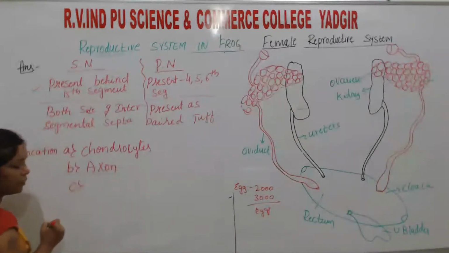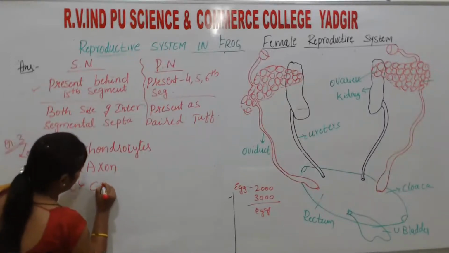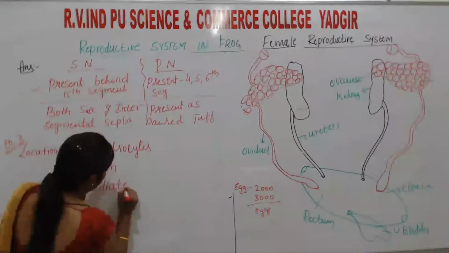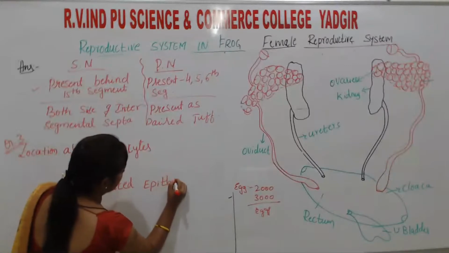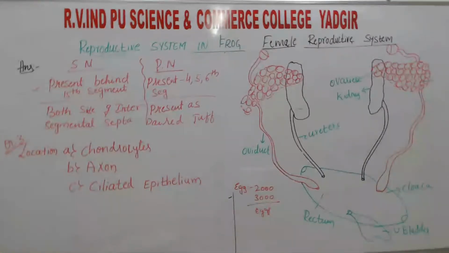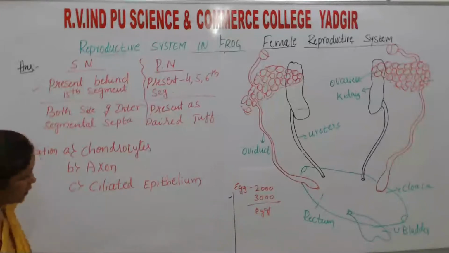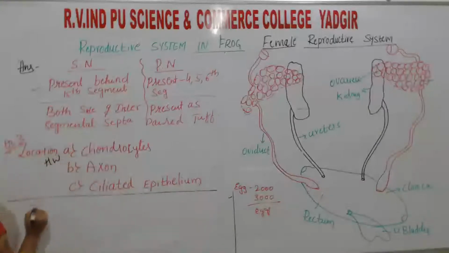Axon, ciliated epithelium. Okay, this is the third question. And I'll write the fourth question. Work on that. This is homework.